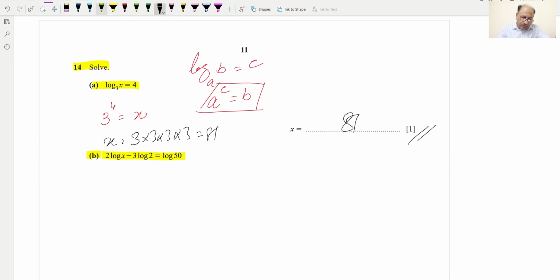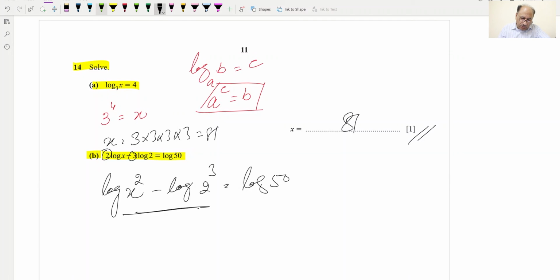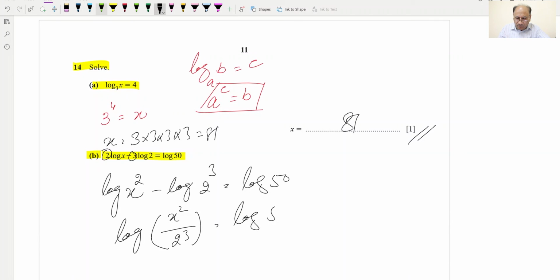By the power rule, we can write this 2 as a power on x, and similarly this 3 we can write as 2 raised to 3, which is equal to log of 50. Now the two logs are being subtracted, so we can use the subtraction rule. So it will be x squared over 2 raised to the power 3 is equal to log of 50.